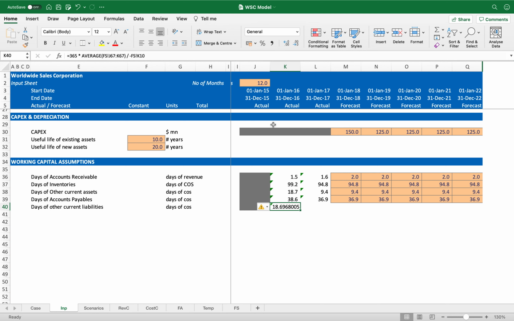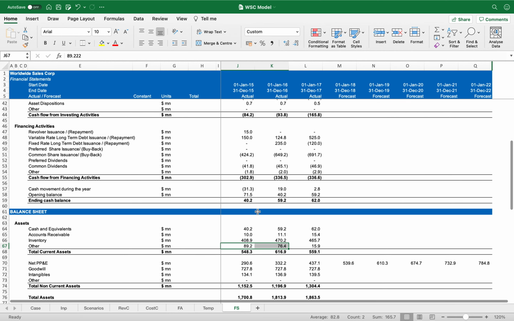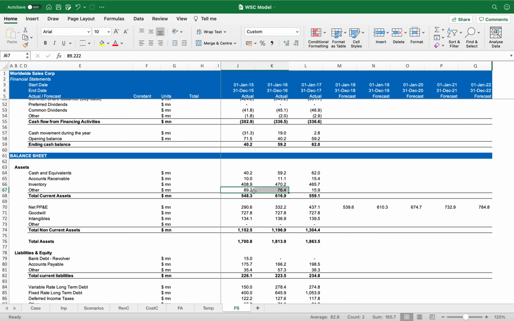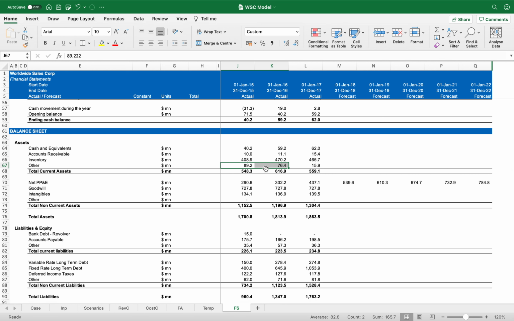Right, so just check if your linking is correct. Okay, so days of other current liabilities, so it has to be other current liabilities. See here what has happened, I have linked it to other current assets by mistake, right? So just avoid these careless mistakes from your end, and be very very careful when you are linking.